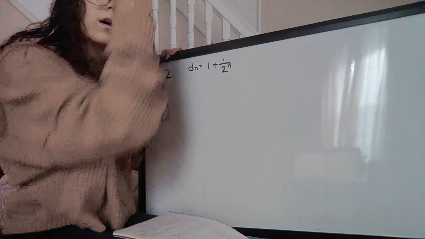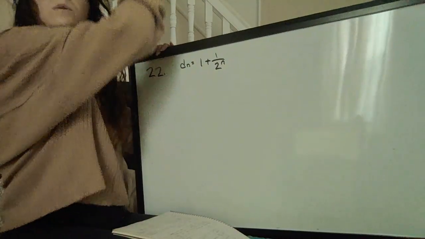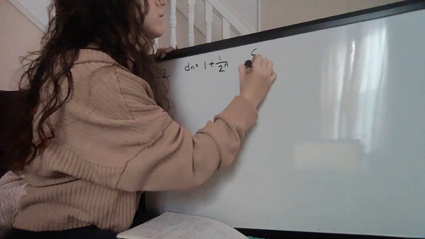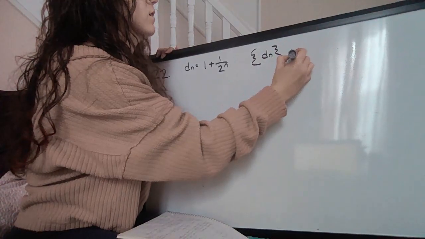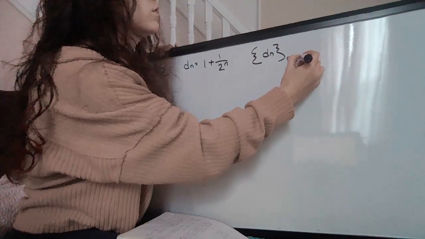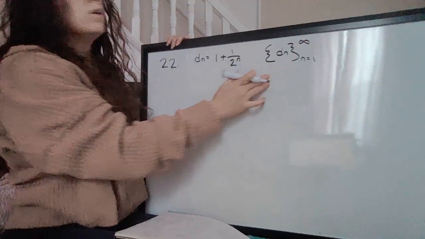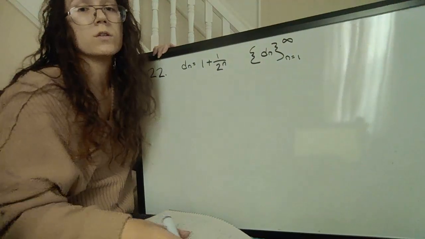So it says, for all of these questions, determine whether the sequence, in this case d sub n, as n equals 1 to infinity, converges. So this is just for our sequence.